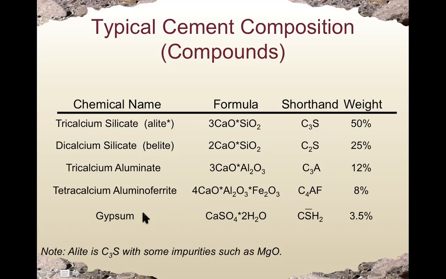And the fifth compound, gypsum, is CaSO4 with 2 parts of water. Depending on the type of cement, the amount of gypsum is around 2 to 5%. Again, alite is C3S with some impurities, such as magnesium oxide.